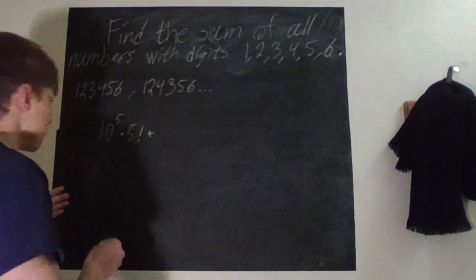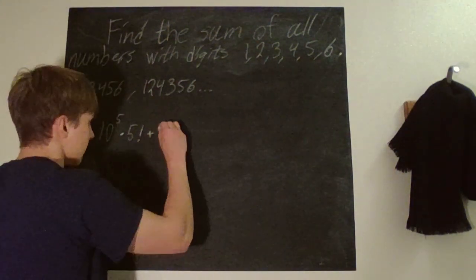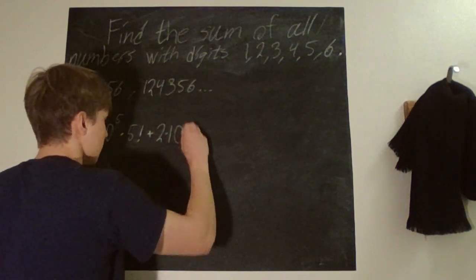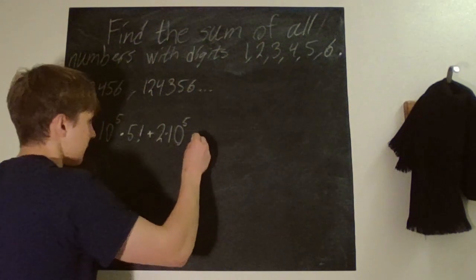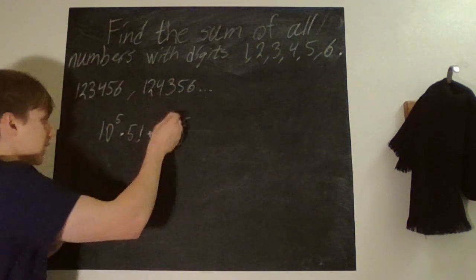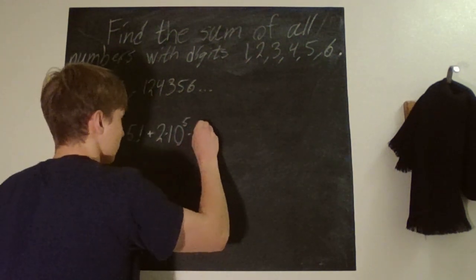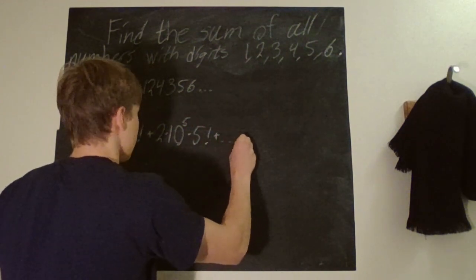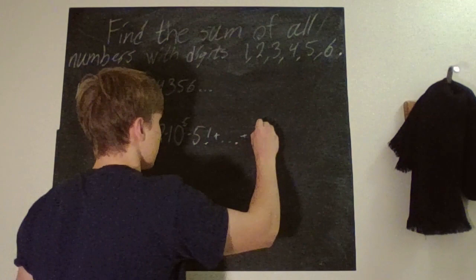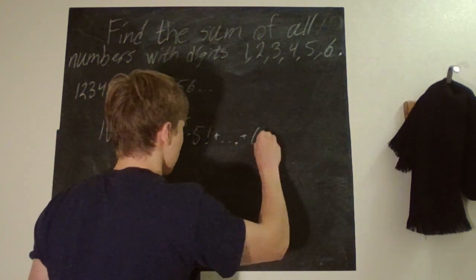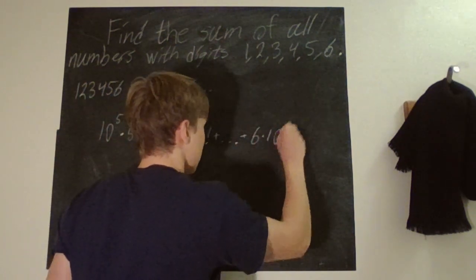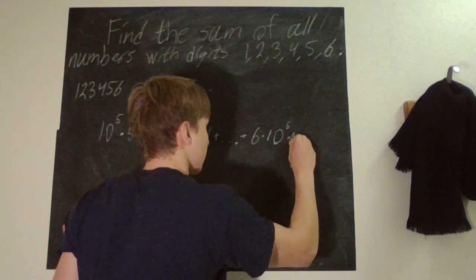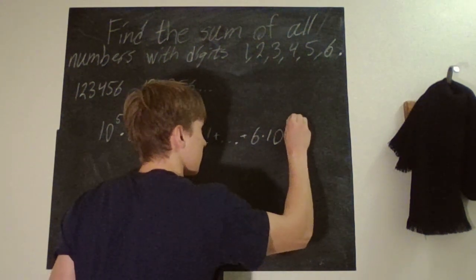So in the example where we have a 2, we still have to multiply by 10 to the power of 5, and it's also 5 factorial. Maybe you can see the pattern, and if we have a 6 in front, we have 6 times 10 to the power of 5 times 5 factorial.